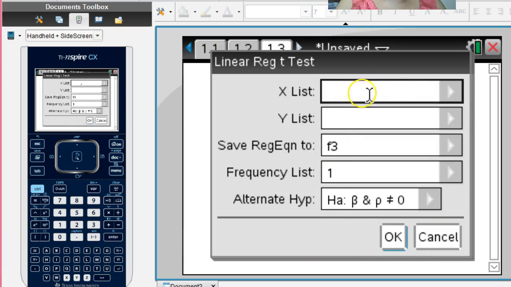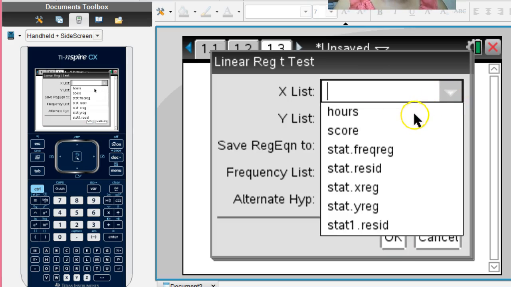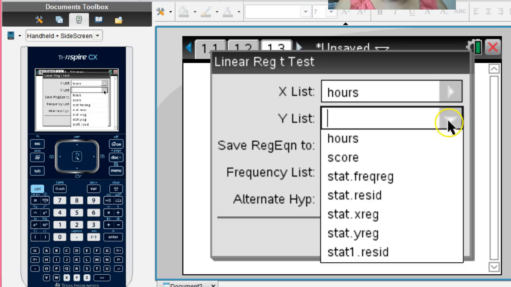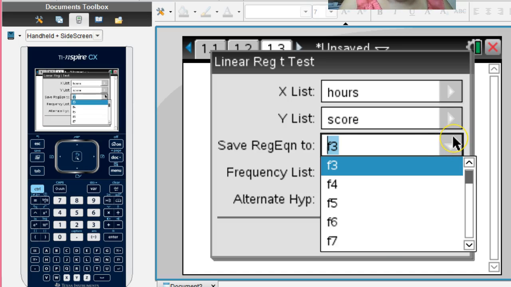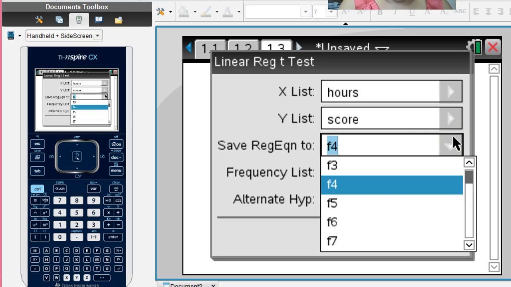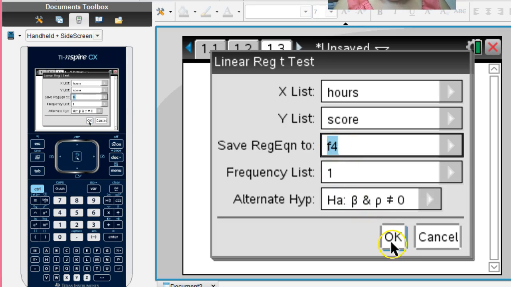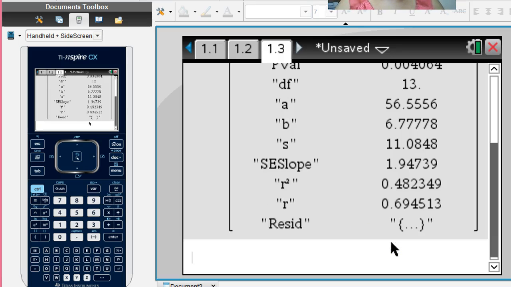Now, they're going to come up with a window to say, well, what data are you talking about? And I'm going to put X for hours and Y for score. And I can save it to one of the functions if I want to graph it later. I can do F1, F2, or F3, doesn't matter, so I can do F4 just to be different here. And then I'm going to hit OK, and don't worry about the other stuff.